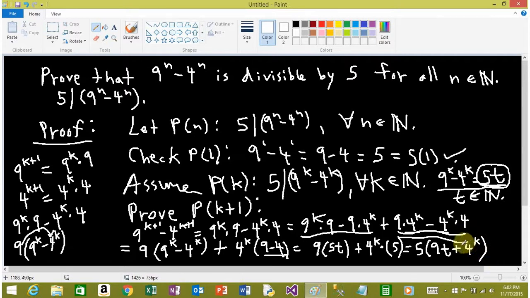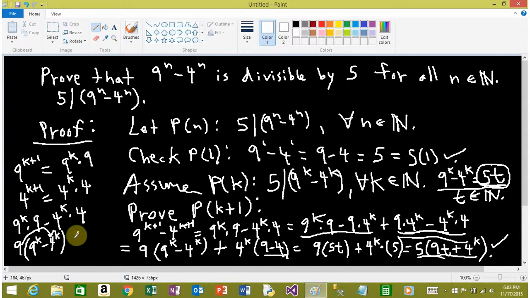And we can see that when t and k are natural numbers, that 9t plus 4 to the k is also a natural number. And we know that 5 times a natural number shows it's divisible by 5. So we proved that P of k plus 1 in the induction step is divisible by 5.